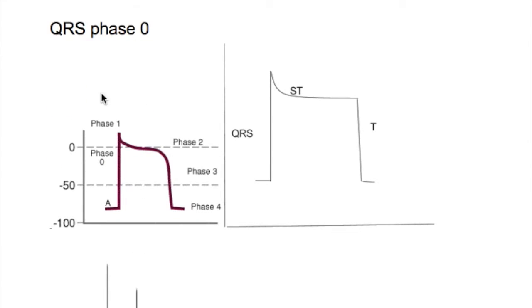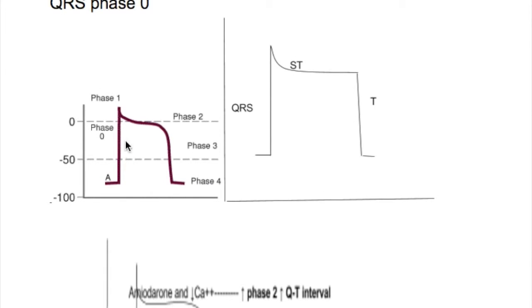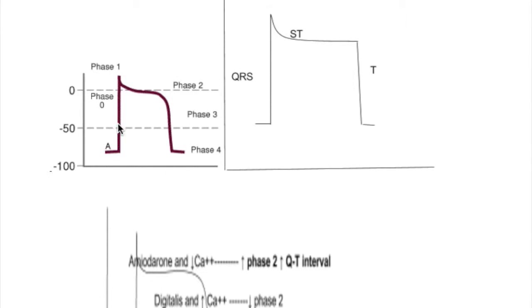To what phase of the cardiac muscle action potential does the QRS belong? Phase 0 is QRS and phase 2 is ST. So phase 0 is sodium influx and phase 2 is calcium.